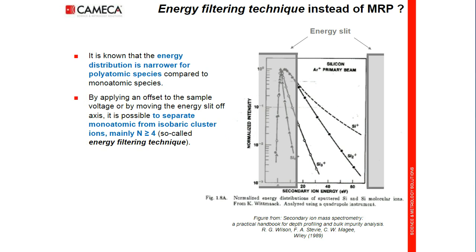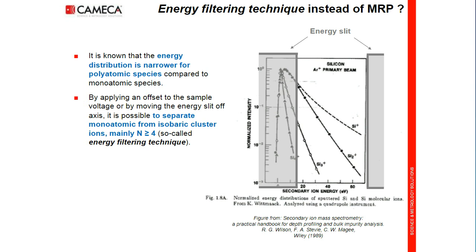This works well when the energy distribution of the isotope of interest is sufficiently different from those of the interfering molecular cluster. Therefore, it is possible to separate a monoatomic species from a large cluster composed of 4 atoms or more. It is the case for the iodine measurements in silicon carbide, so it should work.